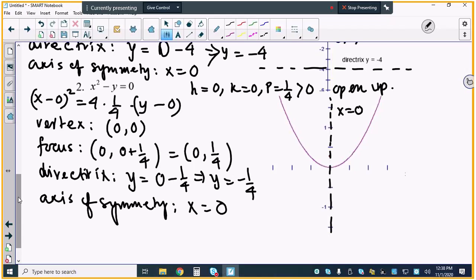The vertex this time is 0, comma 0 as usual. The focus is 0, comma 1 over 4. The directrix is the imaginary line y equal to negative 1 over 4. And that is what we are supposed to understand given this parabola in the standard form.